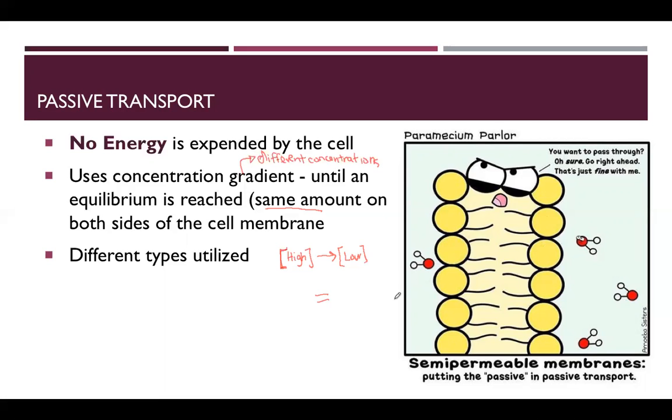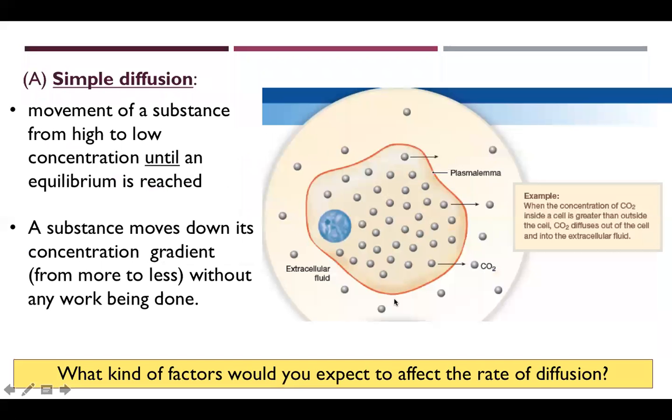With respect to passive transport, there are a few different types that are used with the cell membrane. The first is simple diffusion.